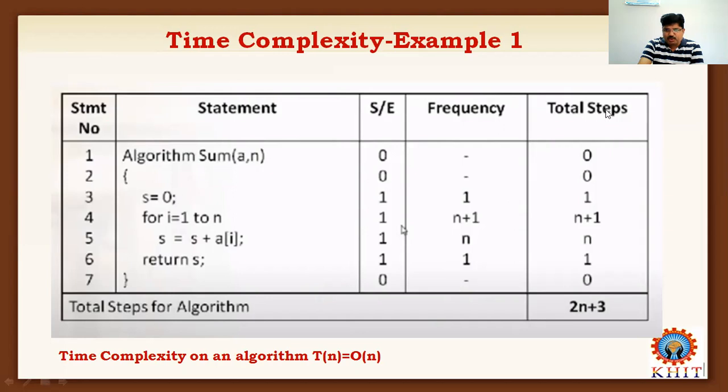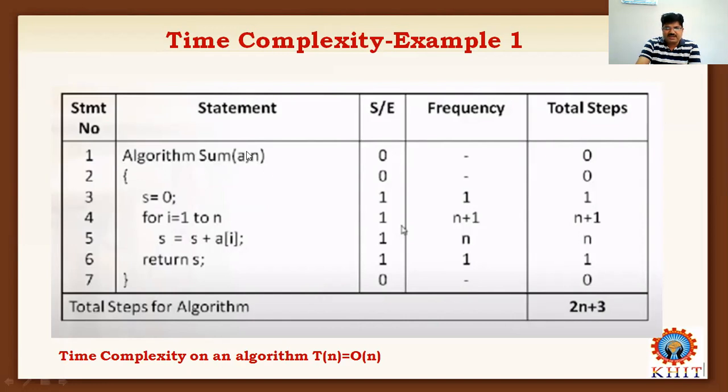The frequency is considered for the total number of steps: frequency into S/E gives the total number of steps. Now consider the first instruction of the given algorithm: the name of the algorithm, Sum(A, n).